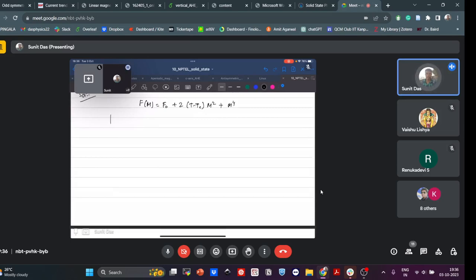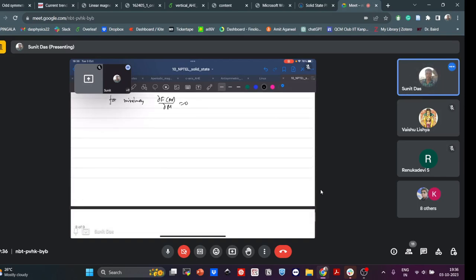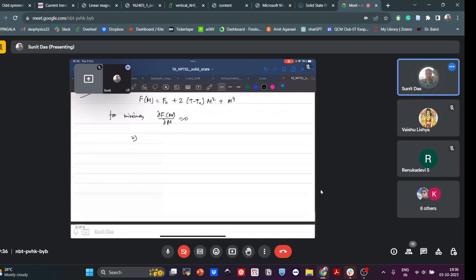So for minima, how do we find it? del f by del m equal to 0, right? So this will be 0 plus 2 into 2m plus 4m cube equal to 0.